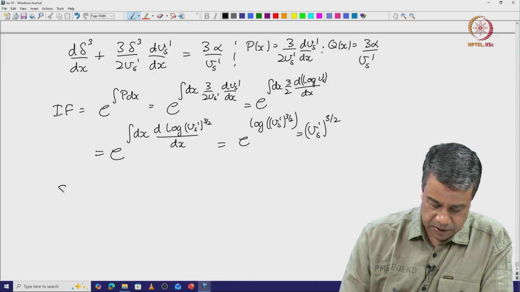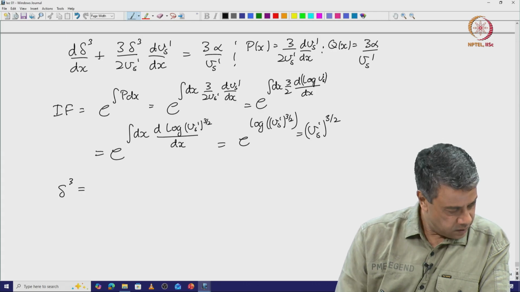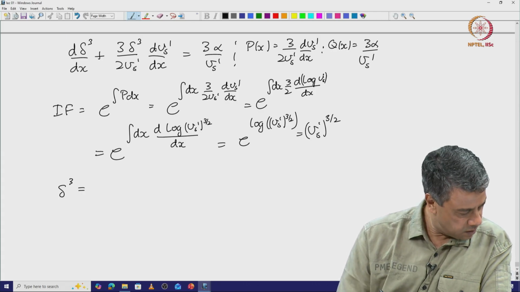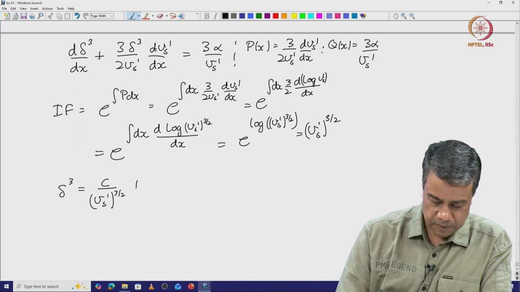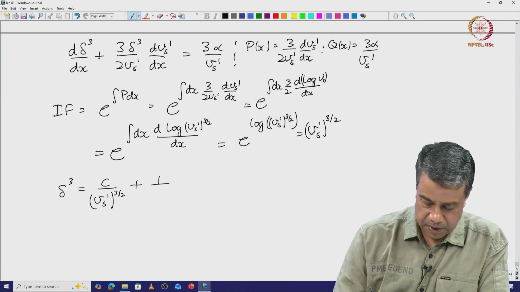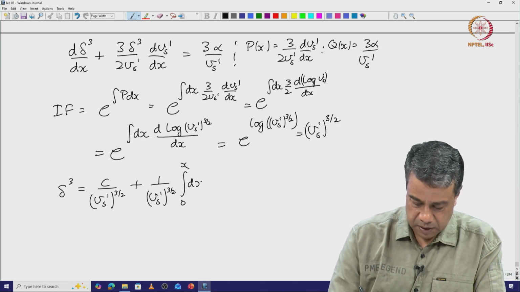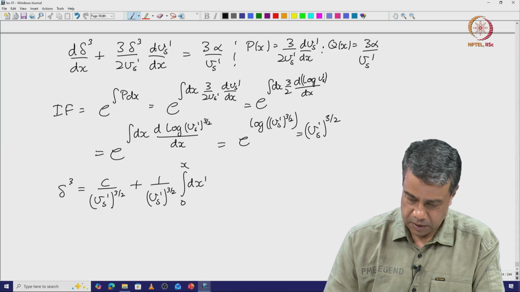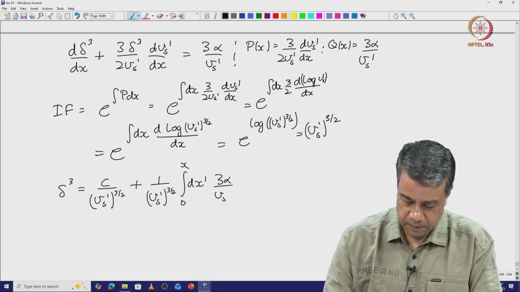Therefore, the expression for delta cubed is equal to a constant by V s prime to the 3/2 plus 1 by V s prime to the 3/2 integral 0 to x dx prime of 3 alpha by V s prime into V s prime to the 3/2.